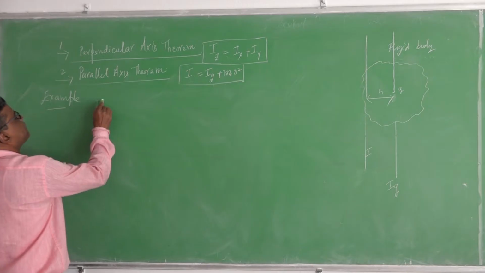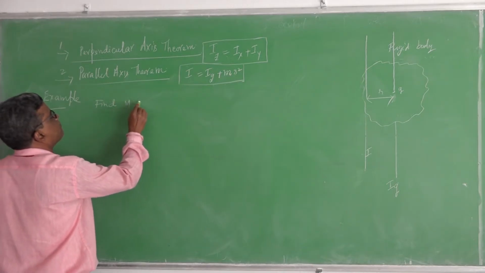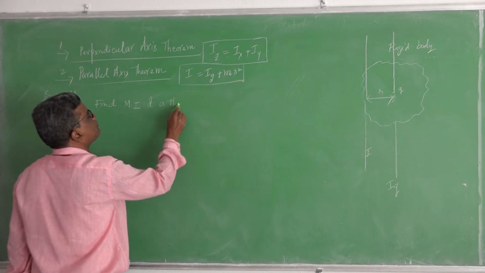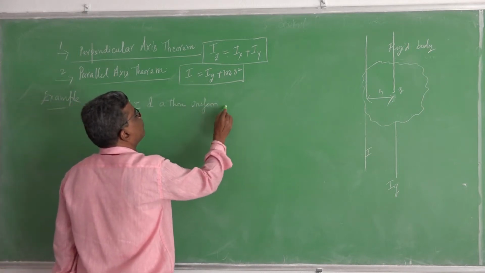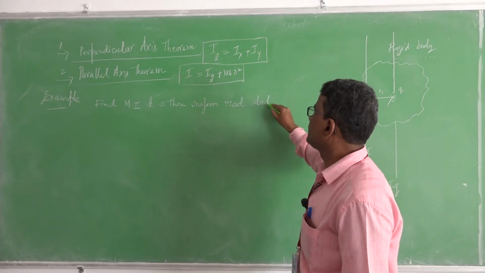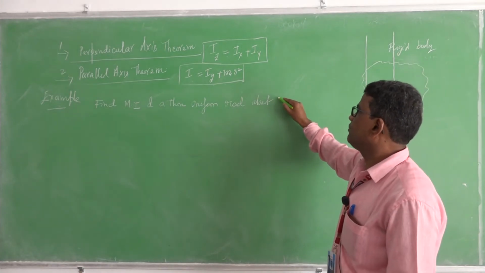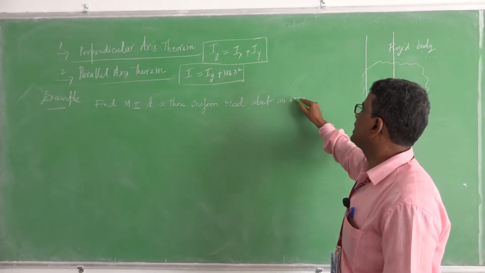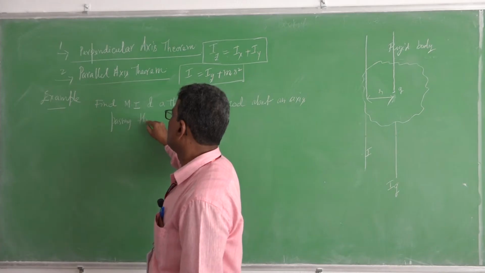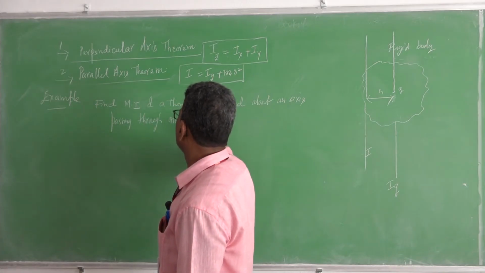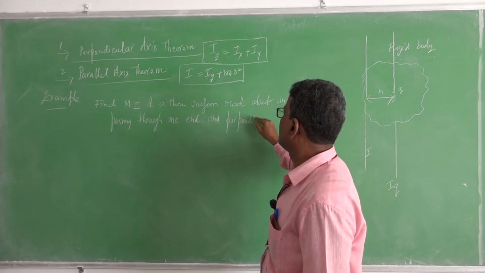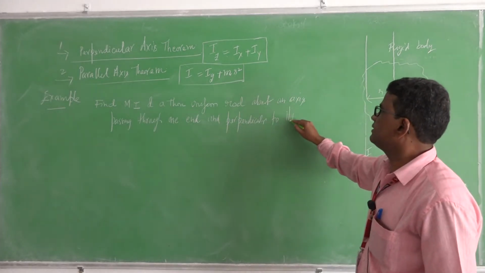Find the moment of inertia, I am writing MI instead, of a thin uniform rod about an axis passing through one end and perpendicular to its length.